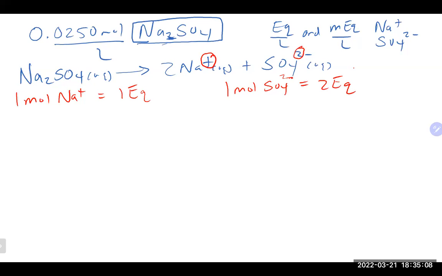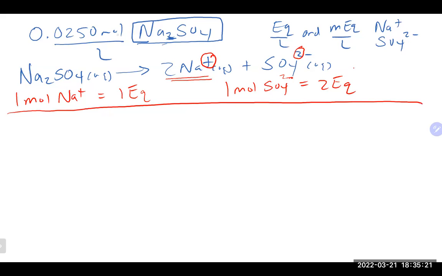No real math. So let's start with the sodium ion. In this case, we are given the concentration of the whole thing here, but we're actually interested in just the sodium part. So we could use a little bit of stoichiometry to help us get there.